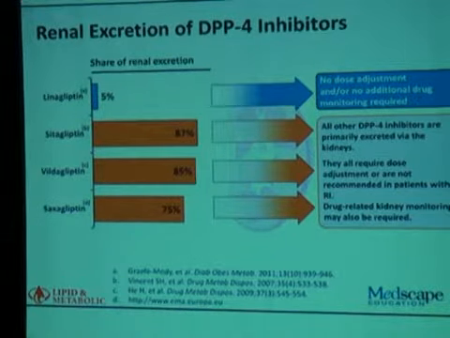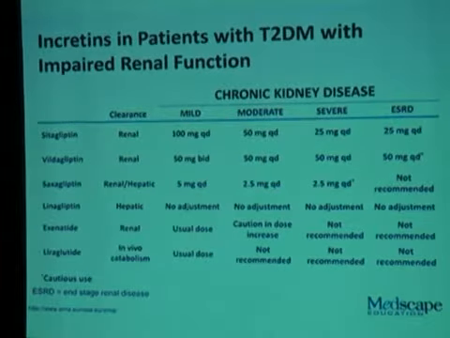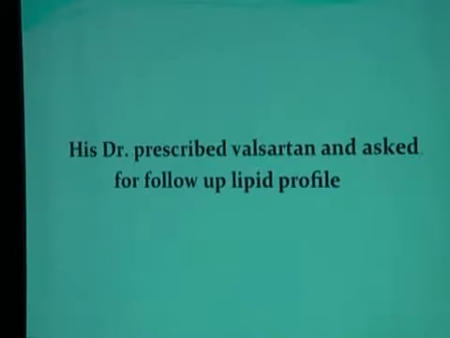So we come to that, not our subject today, but for DPP-4, you know that all are renally excreted except linagliptin. This is the only one that can be taken without a dose modification with a reduction in GFR, whereas all the rest of the drugs will have to be reduced. Sitagliptin you have to be reduced to 50 and then 25, vildagliptin from 100 to 50, and you go on with 50 till the end, and linagliptin you said no adjustment, and so on.